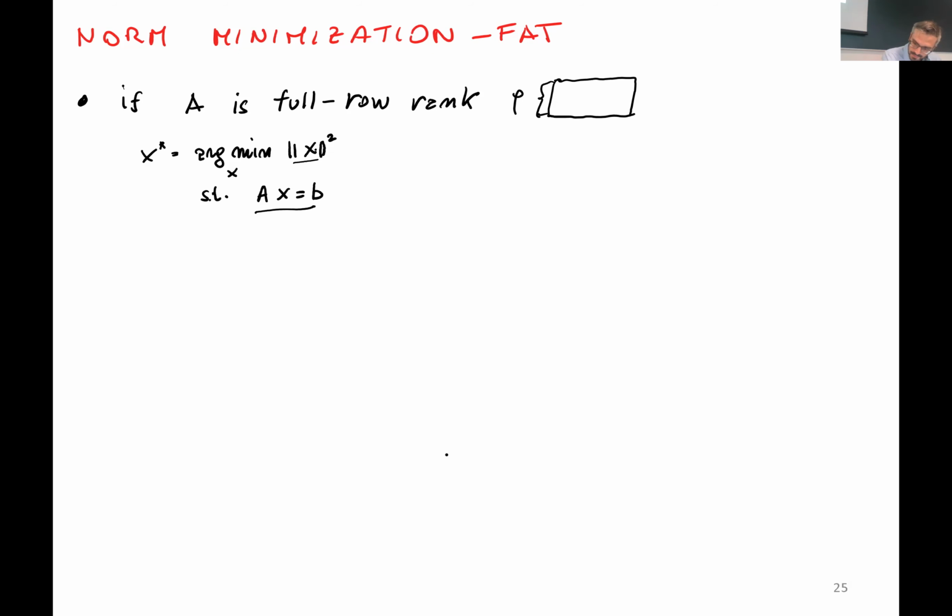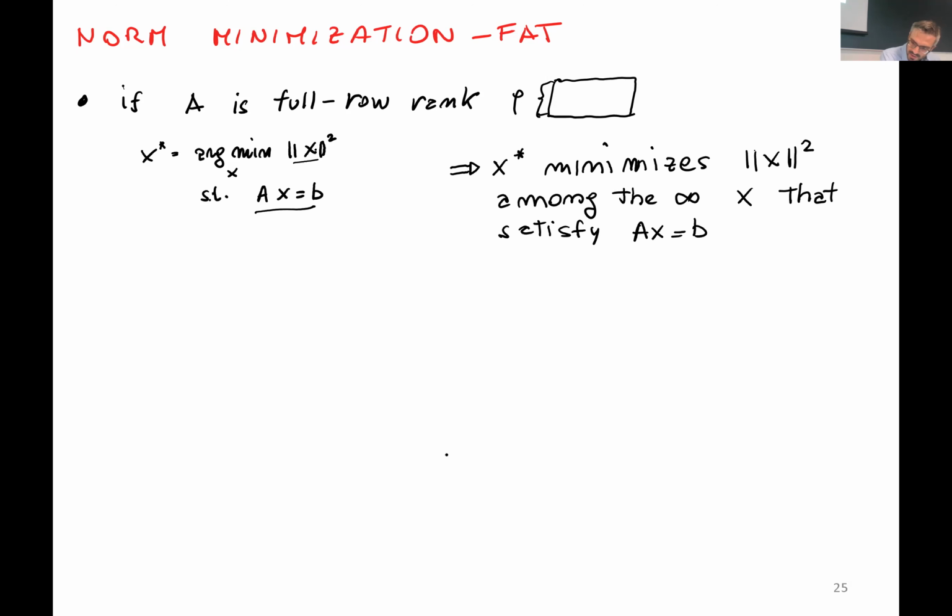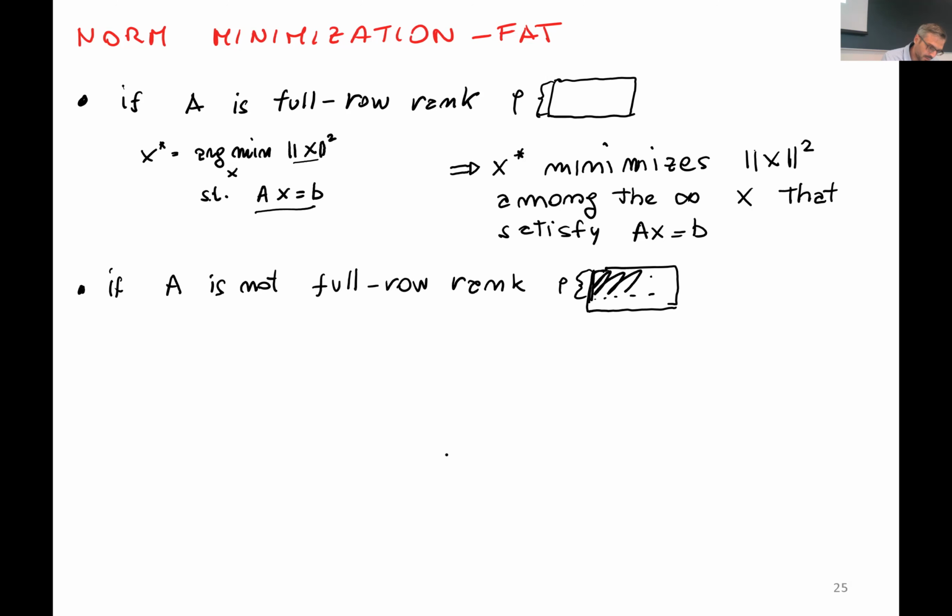While in the case that matrix A is not full row rank, so its rank is smaller than the number of rows, then the solution doesn't exist.